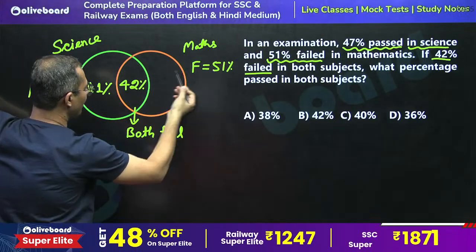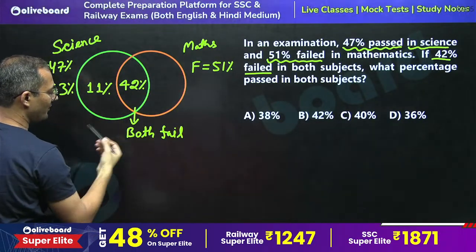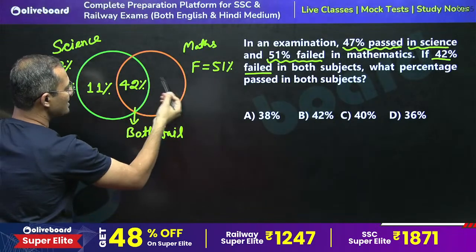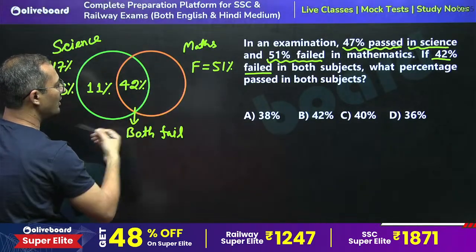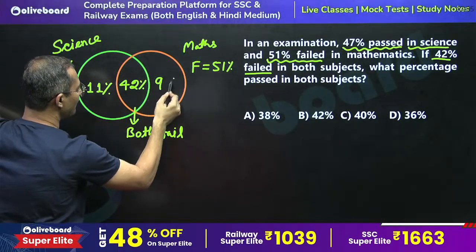So out of 51, 42 are already taken in both fail, right? So how much is left for those who failed only in math? We can say 51 minus 42, so 9%, right?